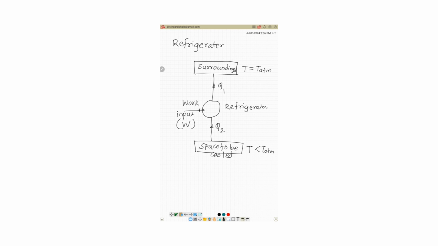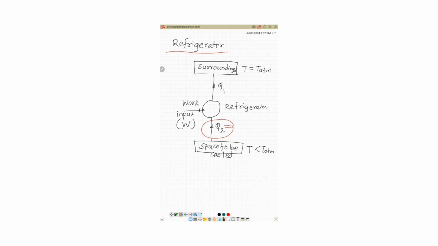The main aim of the refrigerator is to cool the space, so the desired effect is Q2, the amount of heat absorbed from the space to be cooled. W is the work input, and Q1, the addition of W and Q2, will be rejected back to the surroundings. So this is a simple refrigerator, a work consuming device.